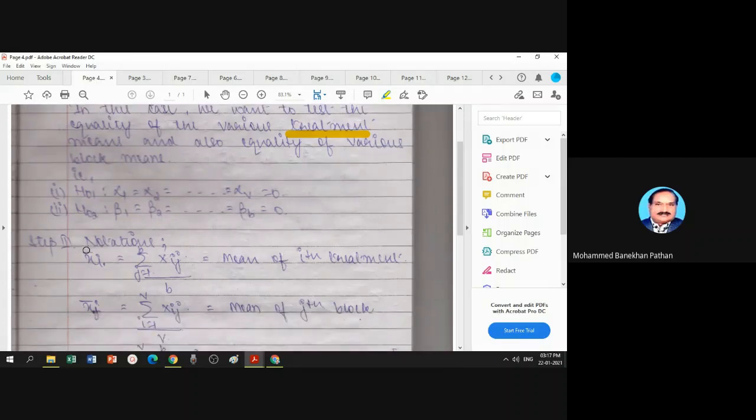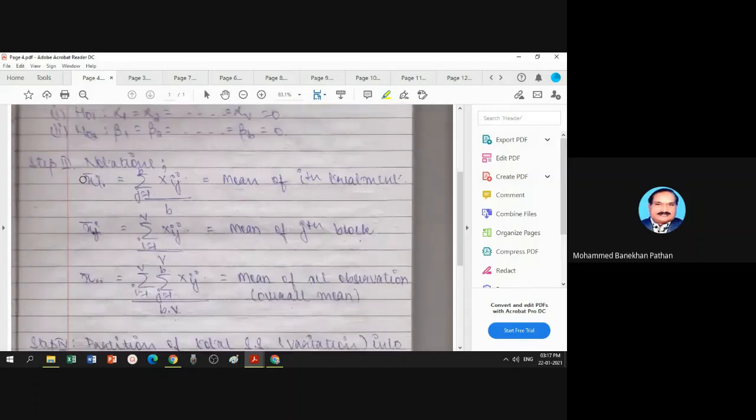Step number 3, you have to write different notations you are using for analysis. X bar i dot formula is summation for j 1 to b X_ij divided by b. It is very easy to remember the formula by using the notation. Notation is x bar means average, i dot.